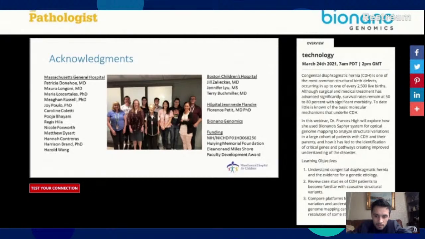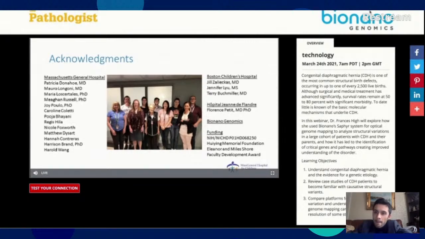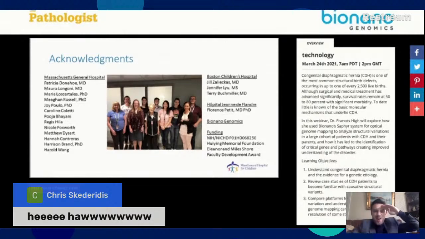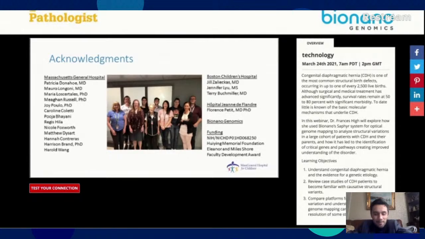So I think that's a really interesting point. The question is really about trying to assess for somatic changes, and that's something we've been interested in in CDH, because there's a possibility that some of the causative genetic changes in CDH are actually specific to the diaphragm, which is where the localized defect is.